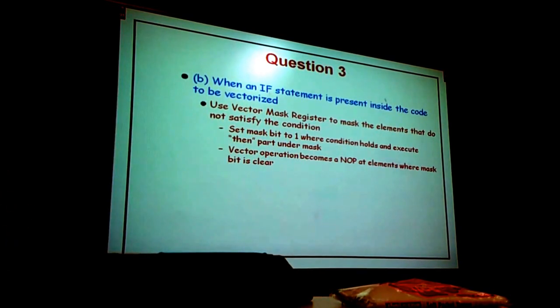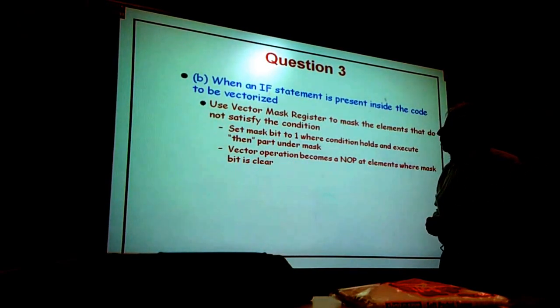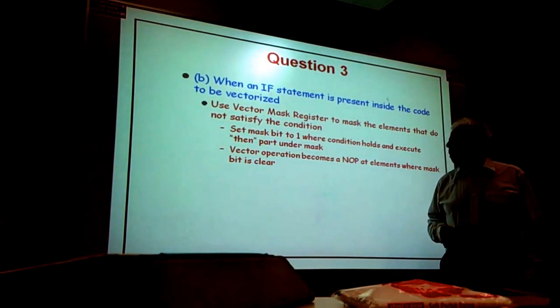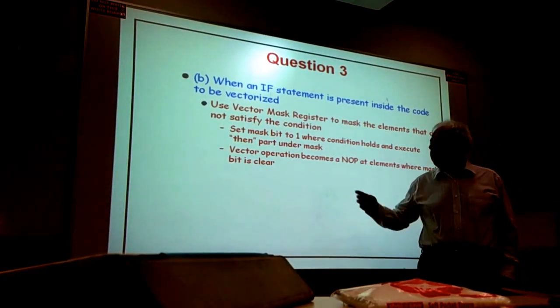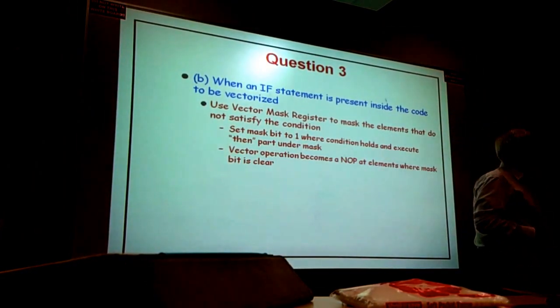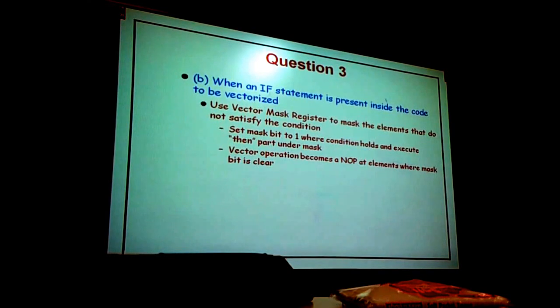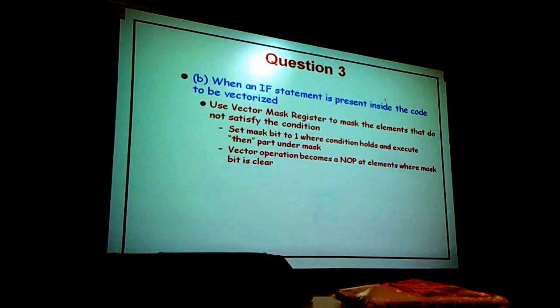So if you have some code which contains an if statement, you can use the if condition to set the mask bit to 1 where the condition holds, and set the mask bit to 0 where the condition does not hold.